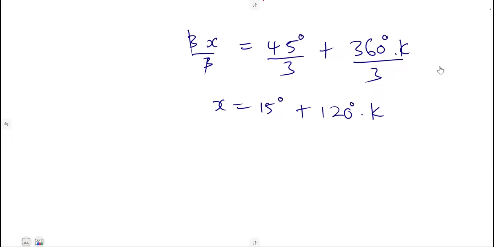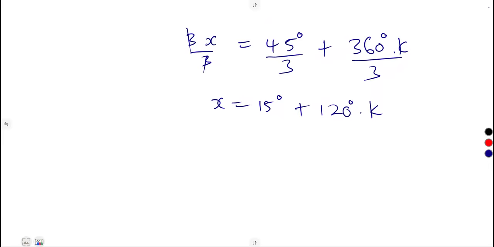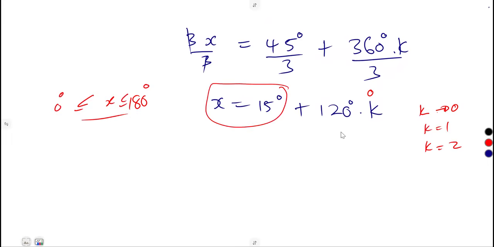Okay. So what will be the exact values for that interval from 0 to 180? From 0 to 180 degrees, we can test our values. As we can see, if we put negative, it's going to be negative values. So let's not work out with negative. Let's start with 0, 1, 2, and see. So when our k is 0 here, we can see that x is equal to 45. Or if our k is 1, we can substitute a 1 here.